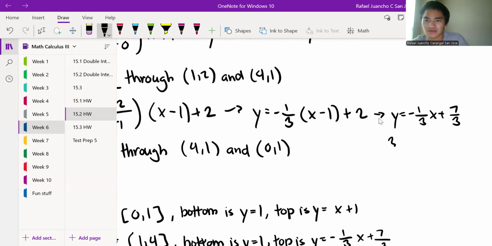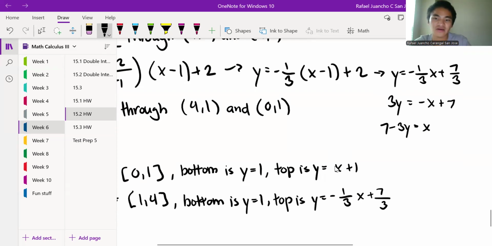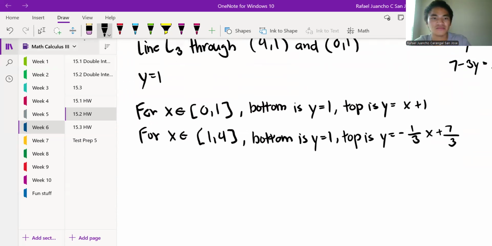So this could be 3y equals negative x plus 7. I could plug this in. So I would say 7 minus 3y is x. So this, in fact, looks easier.